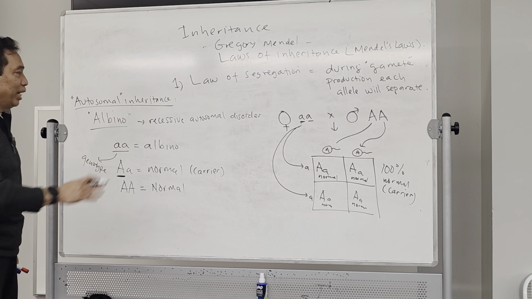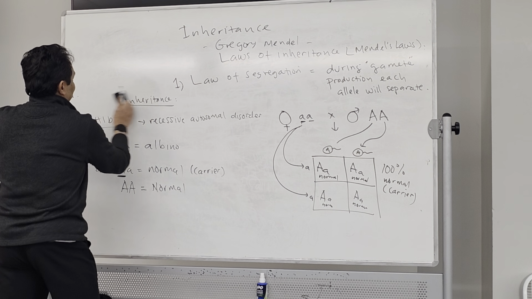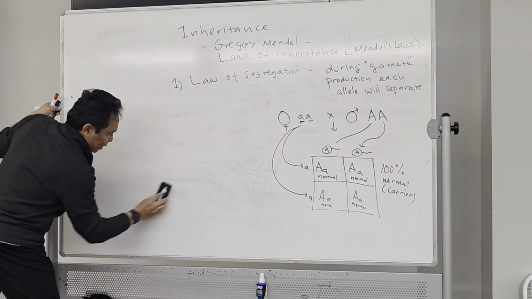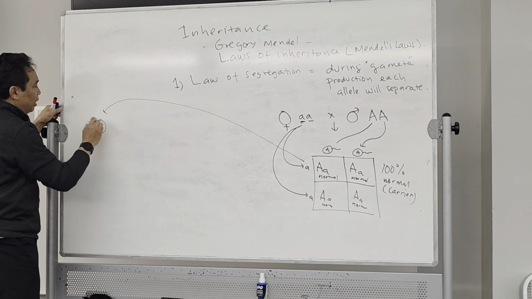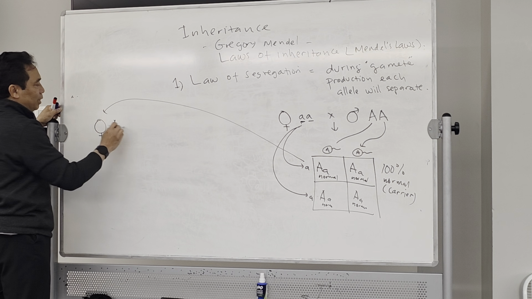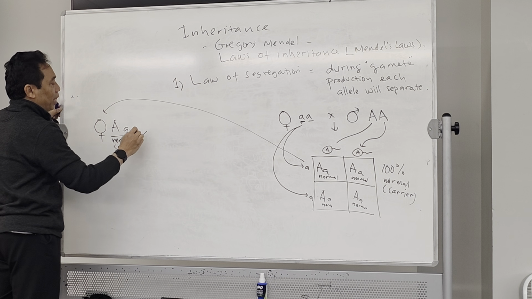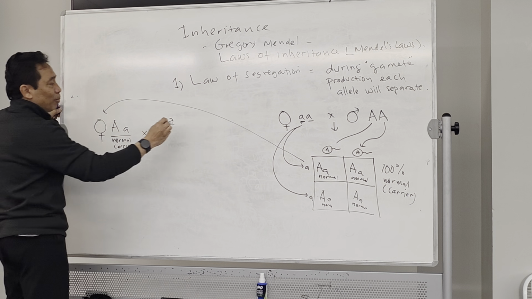Okay. Now, let's say we continue this inheritance. Let's say one of these, let's say it's a girl, who is normal but carrier, then marries someone that is also normal but carrier.